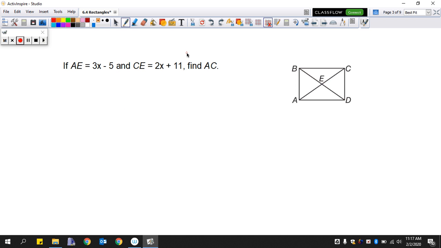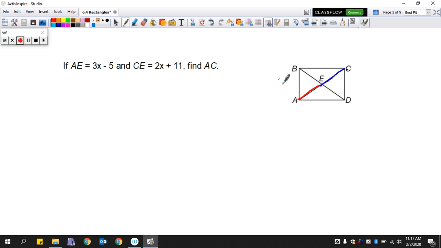The next one says if AE is 3x minus 5 and CE is 2x plus 11, find AC. So AE is this half, and CE is this half. This comes back to our previous lesson where we learned about parallelograms.